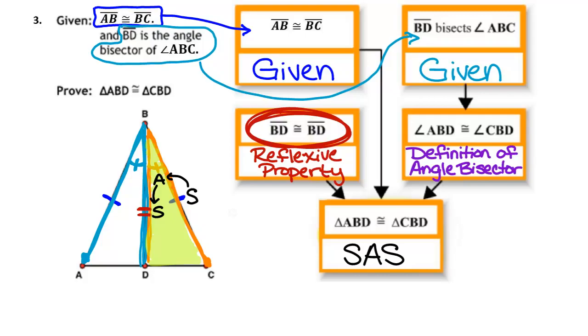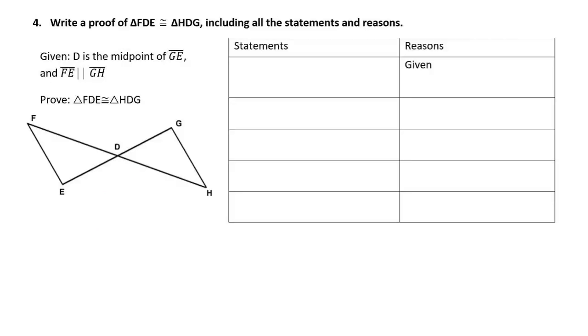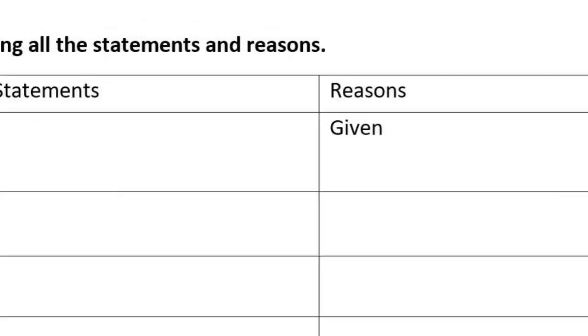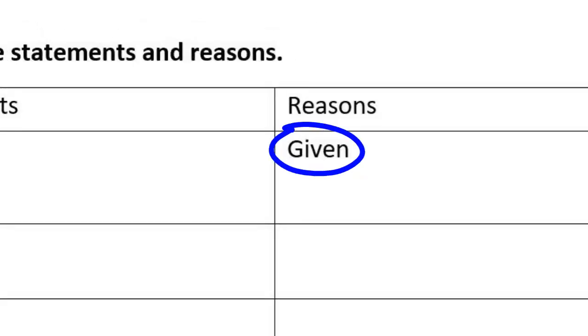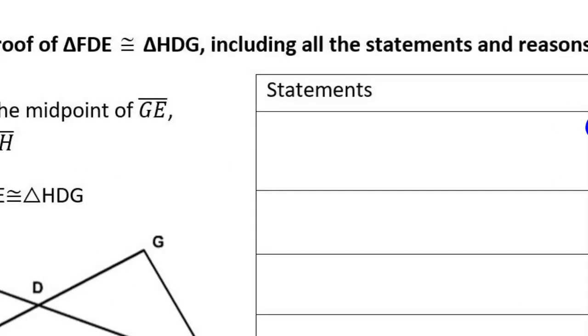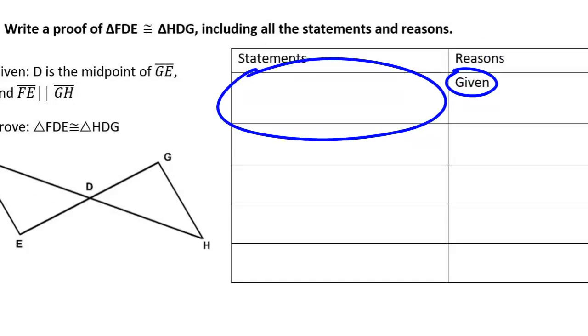All right, let's flip over to page 13 now. Let's look at proof number 4. We are going to give all the statements and all but one of the reasons. The first reason is given, so what do I need to put in this first box?